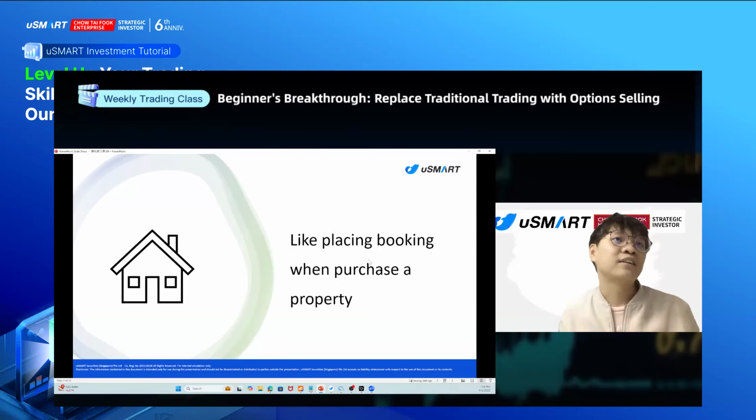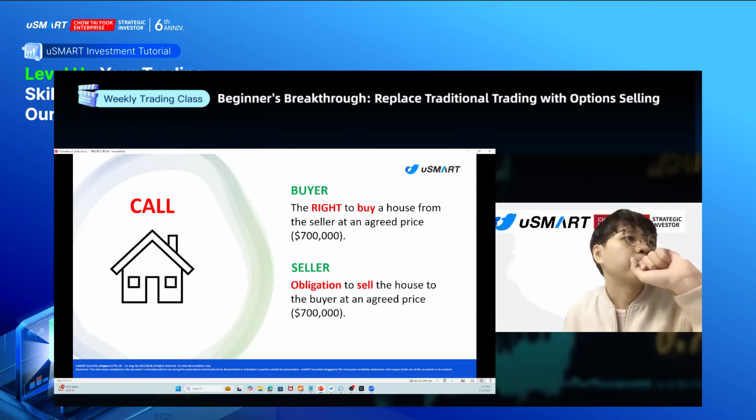There are actually two types of options, which are call options and put options. First of all, we are going to talk about call options. When we are talking about call options, you can think of it in this way. If you are the buyer of the call option, let's refer to this example, in which we treat the option as a property.